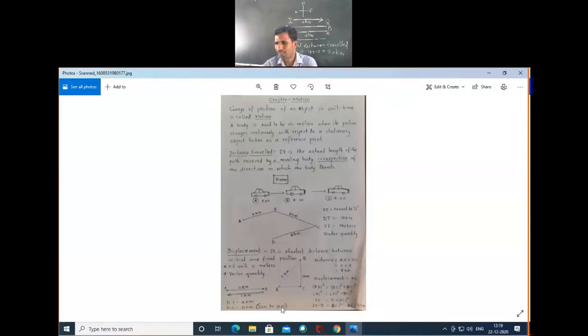Is it clear? So one numerical I have solved over here, that we'll see now: how to calculate the displacement. Position A here. The object is traveling like this.